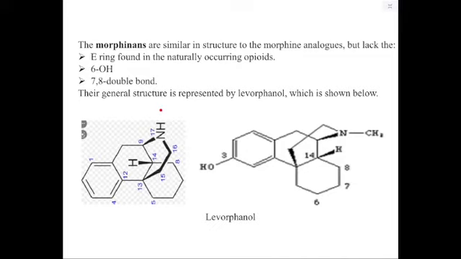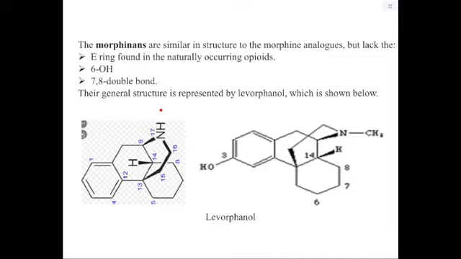The 7,8 double bond is missing. Again, slight increase in analgesic activity, and therefore we would expect that the morphinans will bind the receptor better, they will have much higher lipid solubility, and therefore they should have much higher analgesic activity compared to the morphine and analogs. This is presented by the levorphanol, which is shown below.